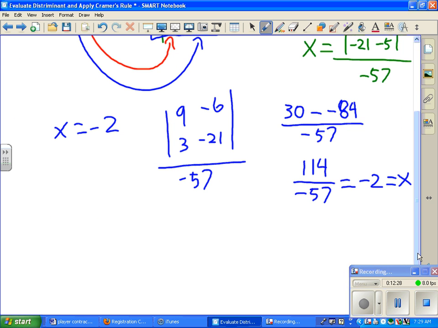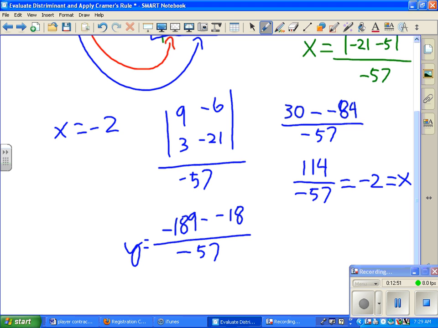Okay, so this gives me 9 times 21, it's 189, negative 189 minus negative 18. Divided by negative 57, and again, this is what y is going to equal.